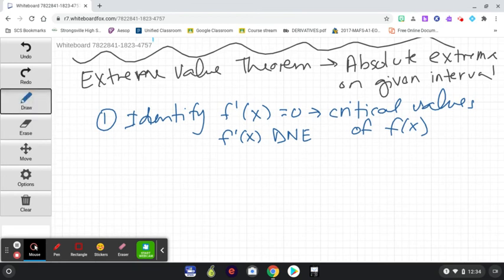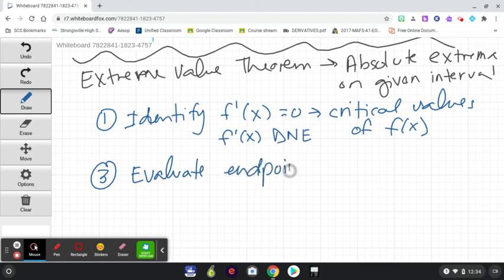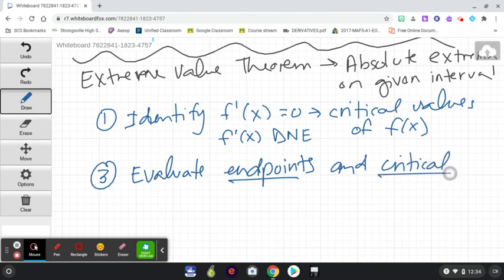After I identify the critical values, then my job is to evaluate the endpoints for the interval that is given and the critical values that I found in step 1 for the function that they want you to use.